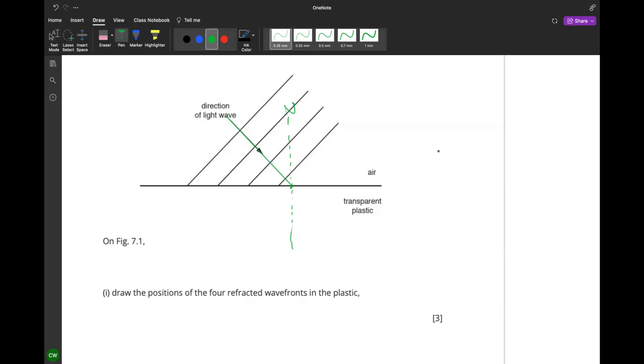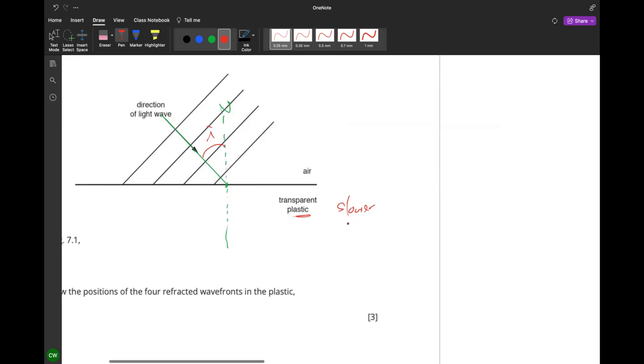After that, you have to see how the ray will bend. You need to see this angle. This is i. When you go into the plastic, the wave will become slower. Being slower, it will be refracted towards the normal.